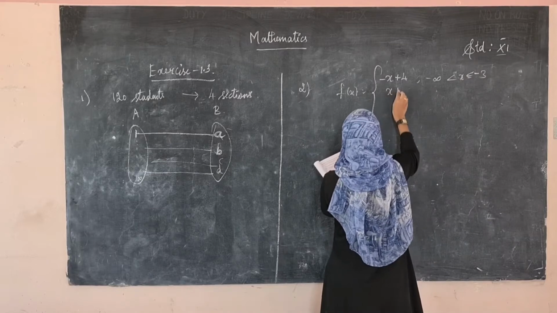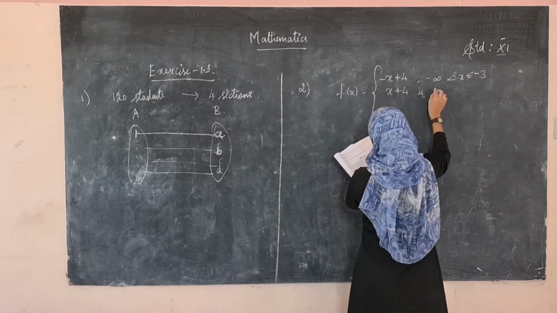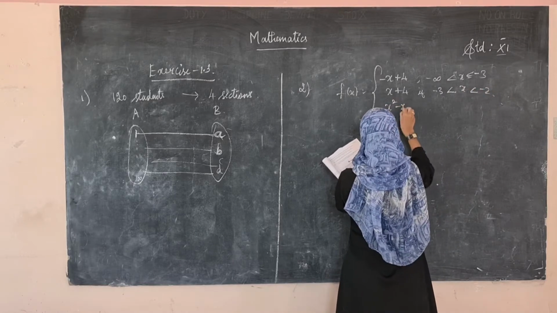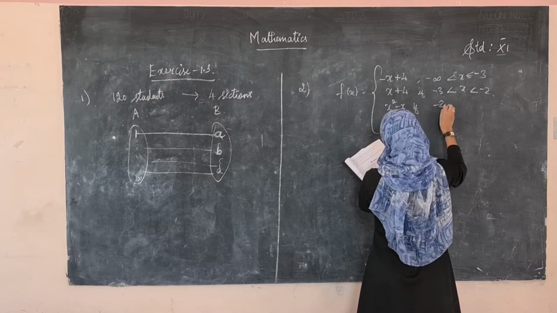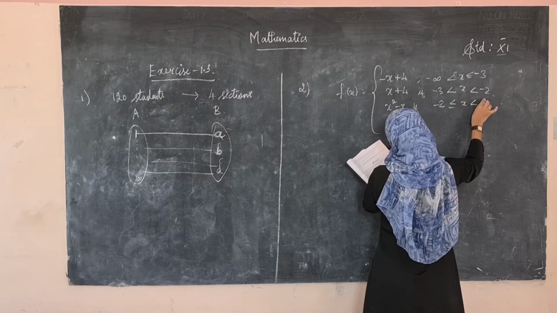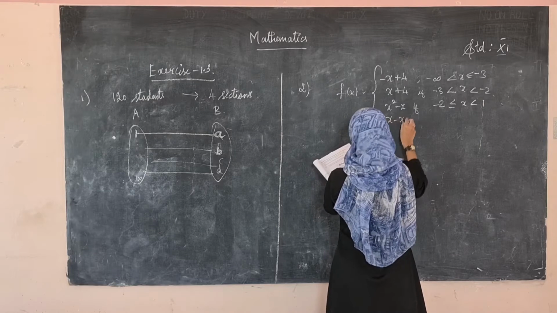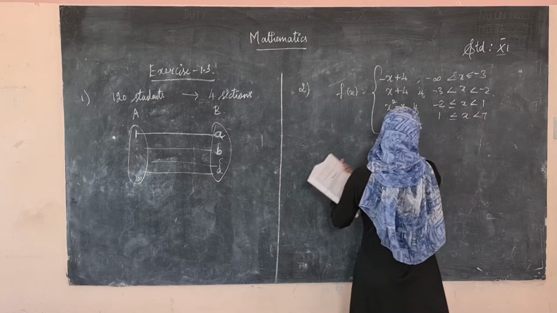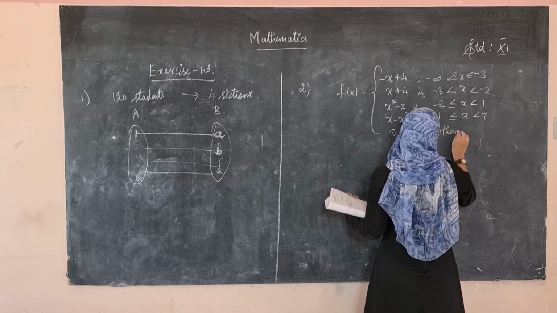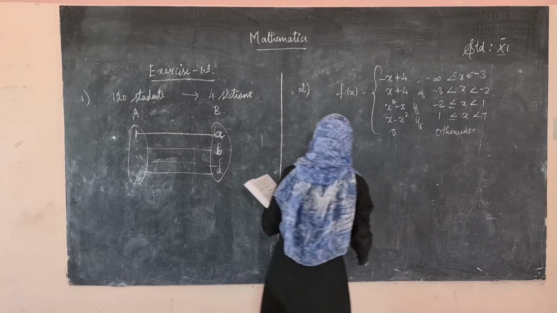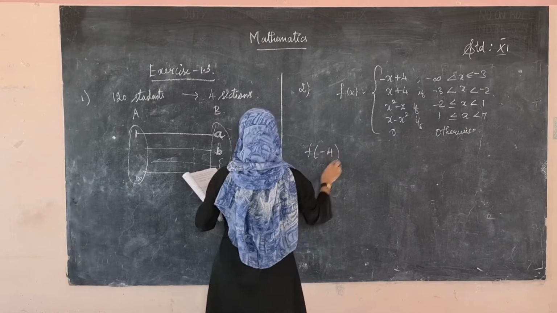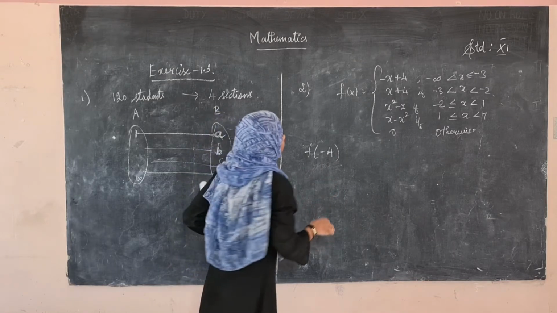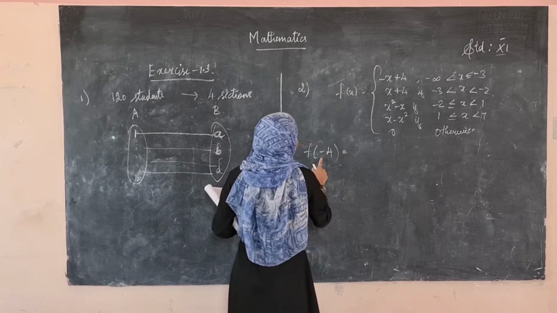And x plus 4 if minus 3 less than x less than minus 2. x square minus x if minus 2 less than or equal to x less than 1. x minus x square if 1 less than or equal to x less than 7, and 0 otherwise. We have to find the value of f of minus 4. They have given 5 values: minus 4, 1, minus 2, 7, 0. First, f of minus 4.